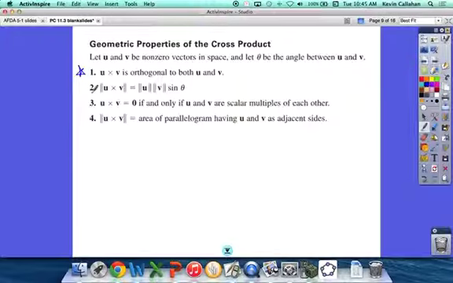The second one gives us another way to find the angle between two vectors. The magnitude of the cross product equals the magnitude of u times the magnitude of v times the sine of theta this time. Remember, we had a similar formula with dot products. It was the cosine of theta equals u dotted with v divided by the magnitude of u times the magnitude of v.